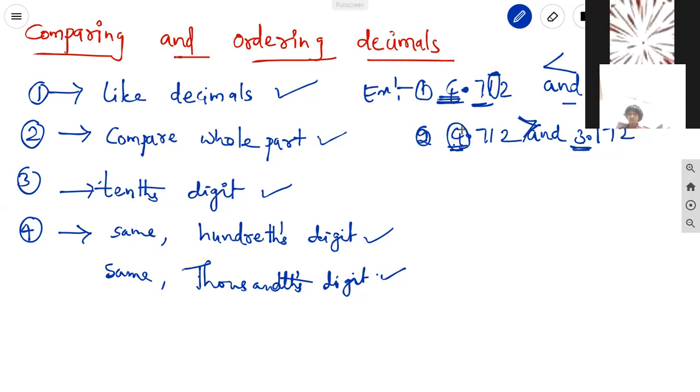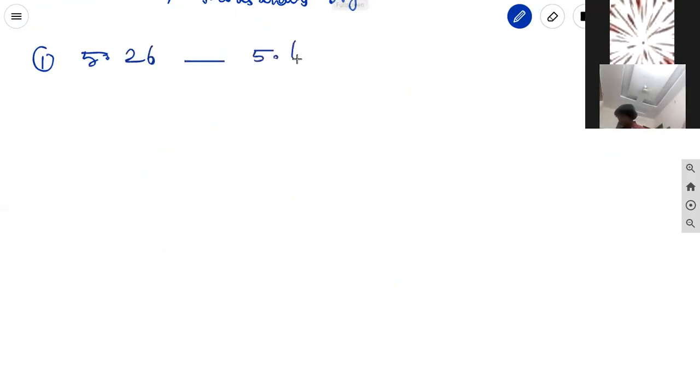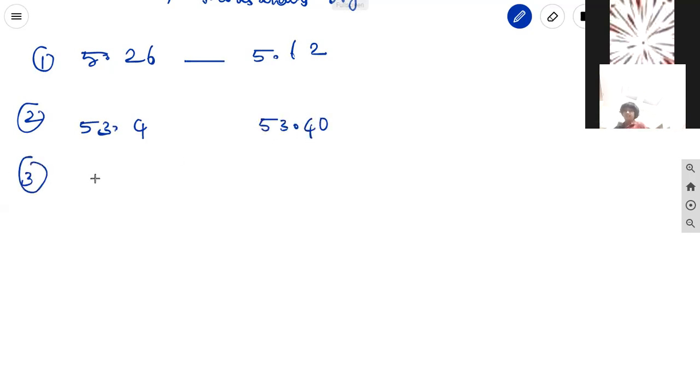Here, the first question is 5.26 and 5.62. The second one is 53.4 and 53.40. Third one, 4.153 and 4.2.